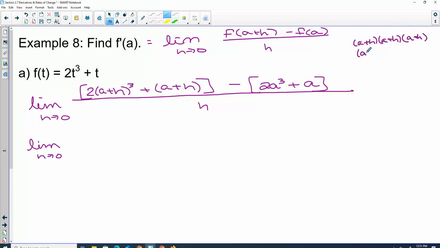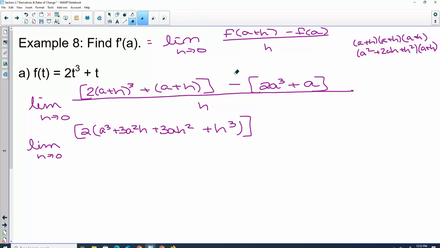So if you multiply 2 at a time, then a times a will be a cubed, plus a squared h plus 2a squared h would be 3a squared h, plus 2ah squared plus 1ah squared would be 3ah squared. h squared times h is h cubed. Could also use that pyramid trick that I showed you at the beginning of the year for that.